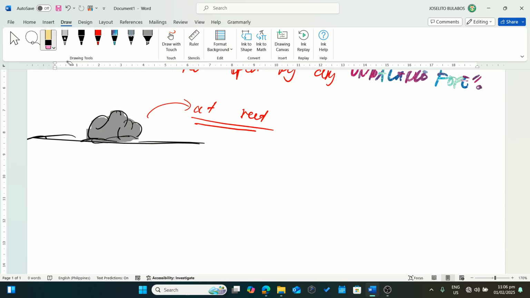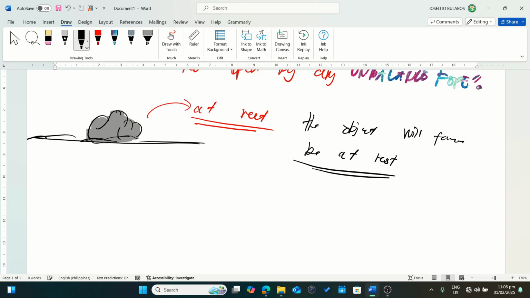If we don't have any unbalanced force, meaning that the object is at rest, then the object will forever be at rest. Okay, it will just remain there for infinity.